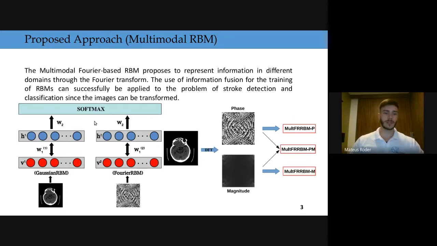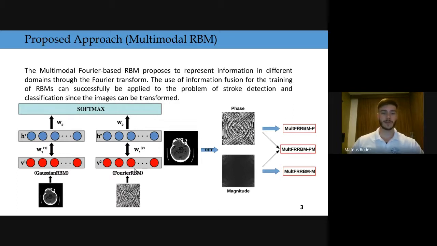The first image stands for an example of two inputs in which we have the multimodal RBM based on the Fourier transform. The first RBM receives the original CT scans. Here we have one sample. With Gaussian visible units, we can learn the patterns from the image.